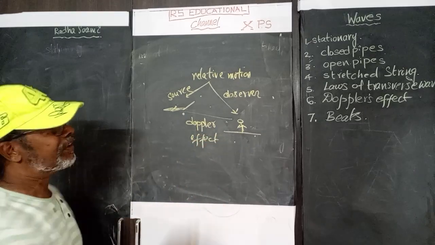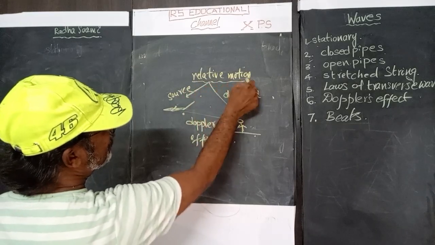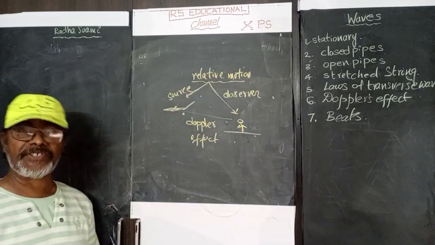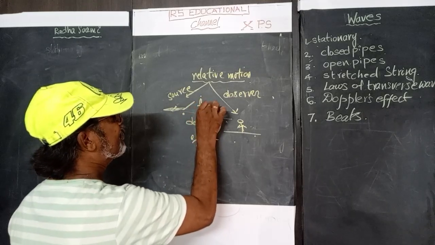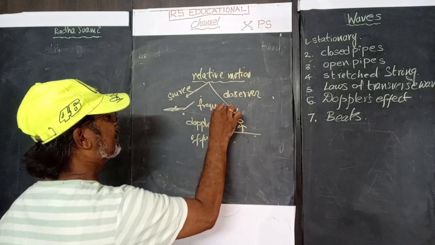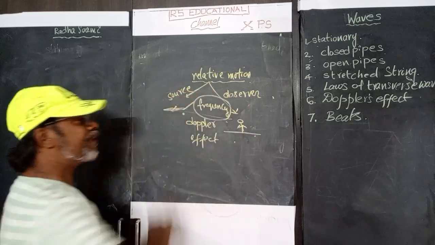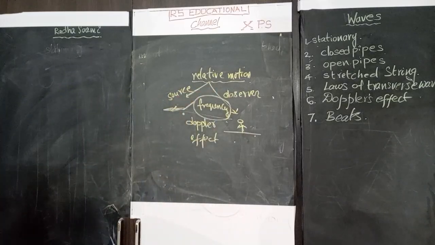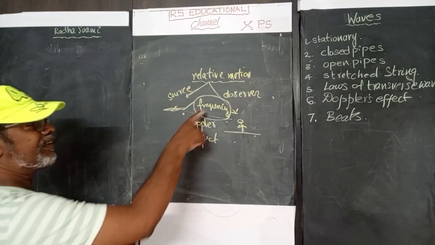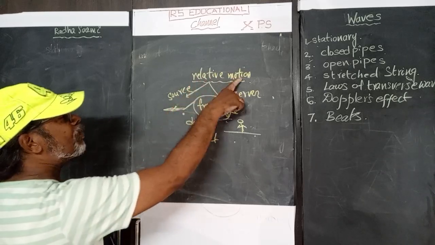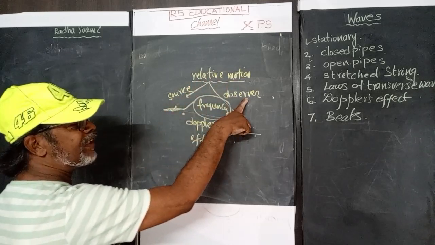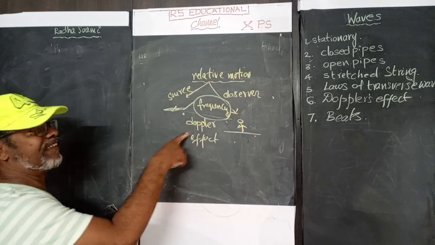Understand? Due to the relative motion, there is a change in the what? Frequency. The change in frequency due to relative motion between source and observer is called Doppler's effect.